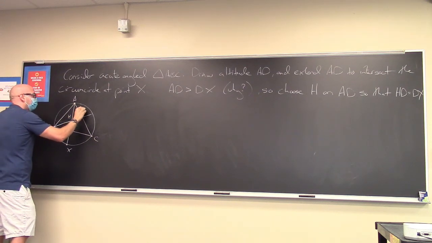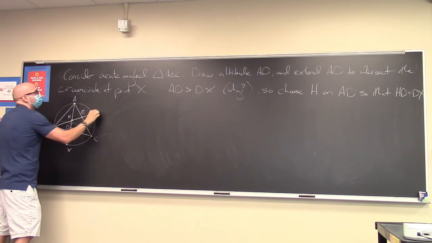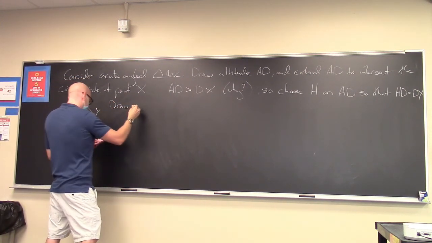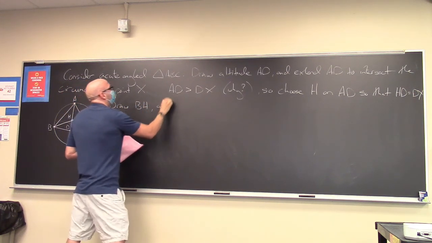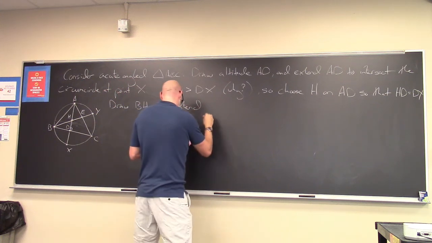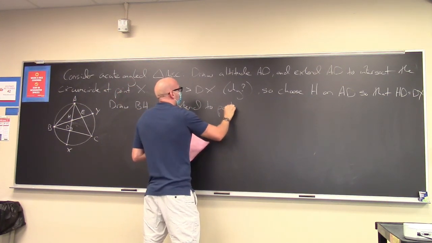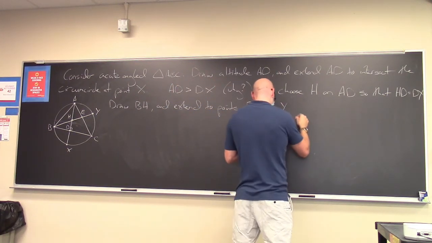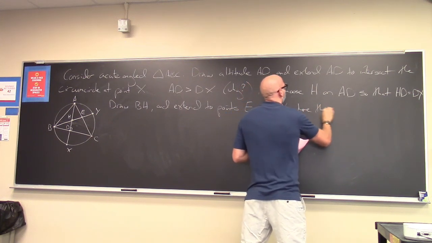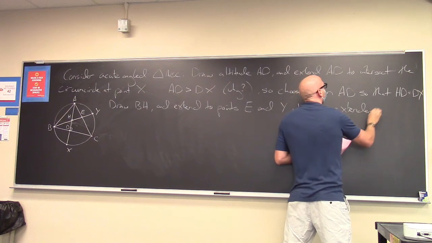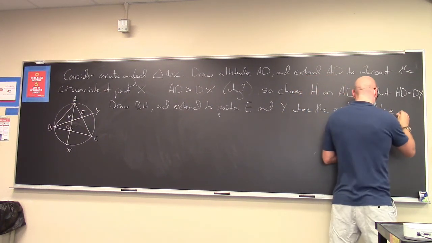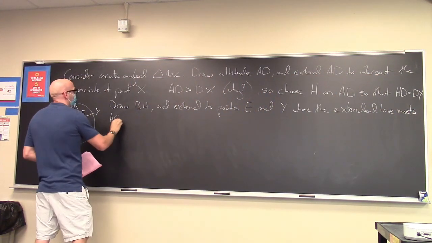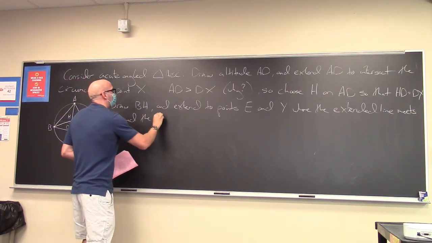So it cuts through AC at point E, and it hits the circumcircle at point Y. So we're going to draw BH and extend it to points E and Y, where the extended line meets the side AC and the circumcircle respectively.